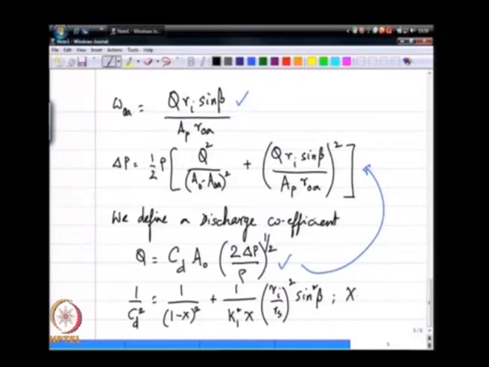I have introduced a couple of new symbols here. Let me go ahead and define them.